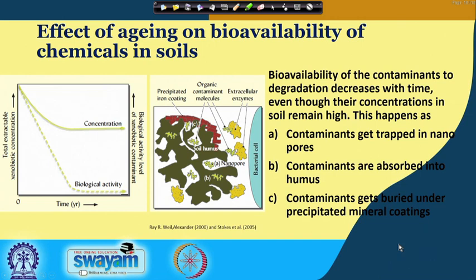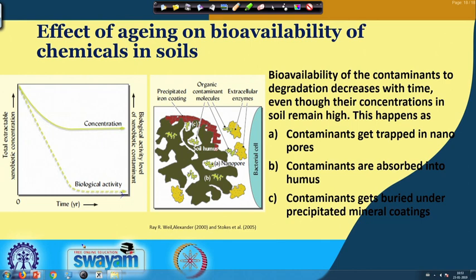So guys, let us see the last important point of this first topic, that is the effect of aging on bioavailability of chemicals in the soil. If you can see the graph here, it says that although the concentration of a particular xenobiotic compound is higher after a certain period of time, the biological activity gets lowered further.